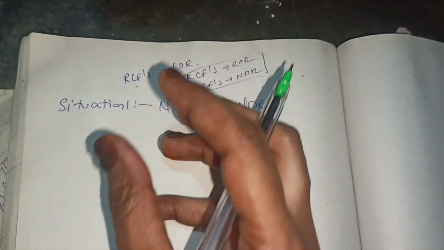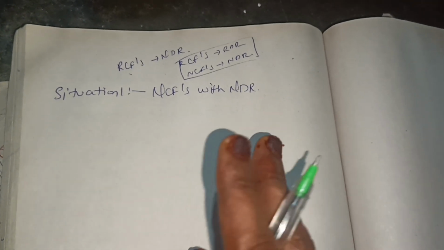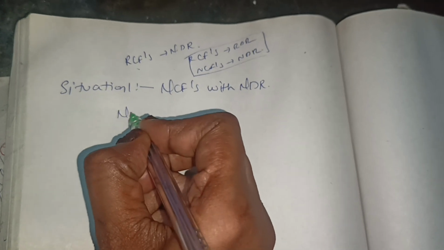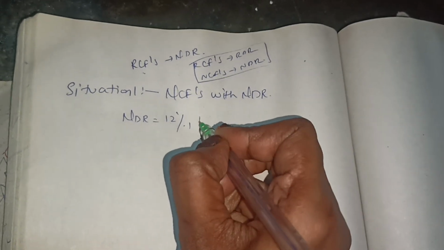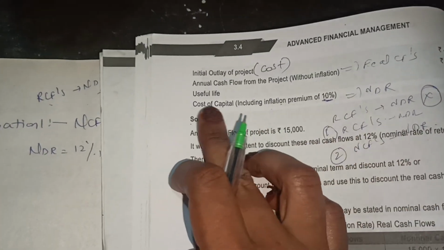It means question is indirectly asking us to find cash flows in two situations. In the question they gave us nominal discounting rate as 12%, inflation 10%. Let me show you. See, cost of capital.